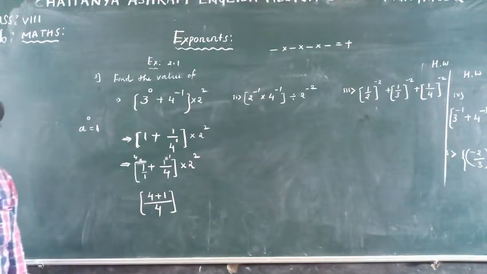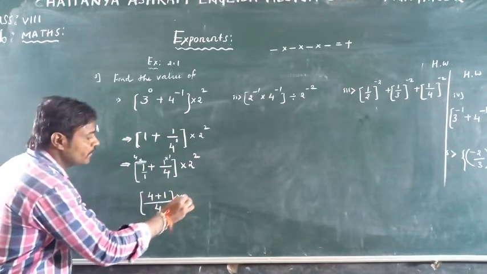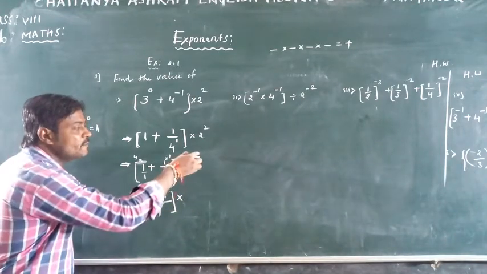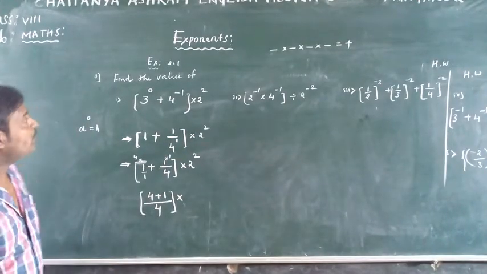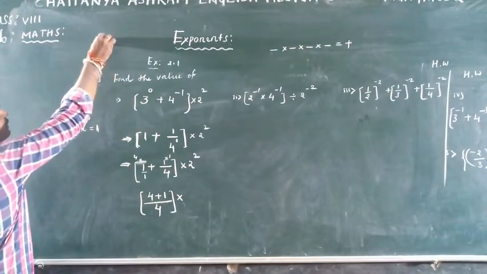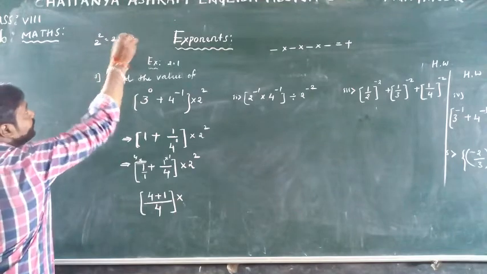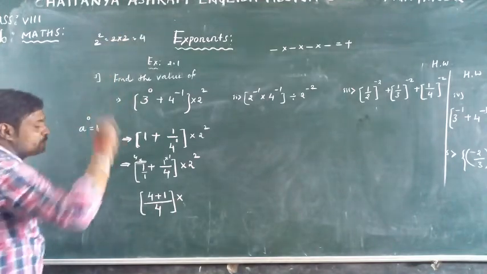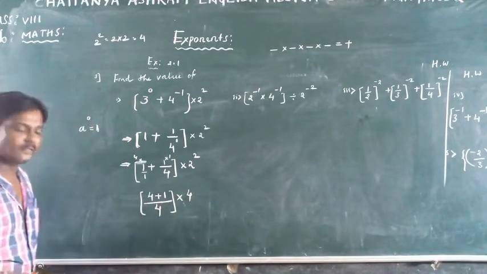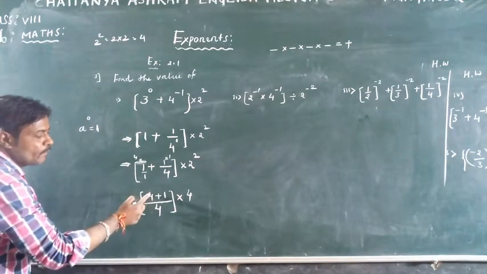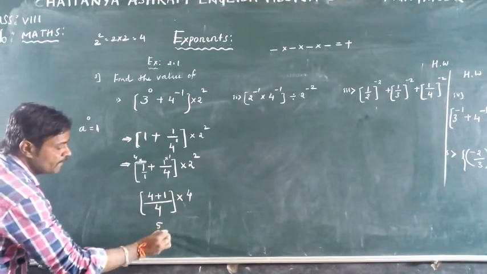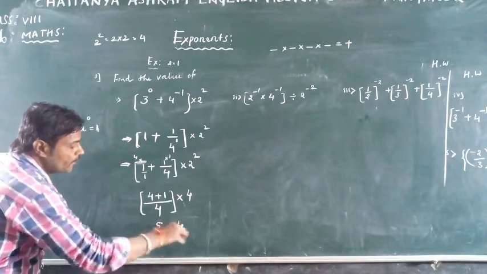Put the square bracket, into what is the value of 2 raised to the power 2, and 2 is multiplied by itself? What is its value? 2 into 2, 4. Its value is 4. Then add these two. 4 plus 1 is 5 by 4 into 4.